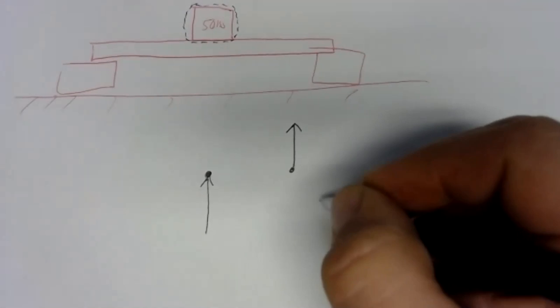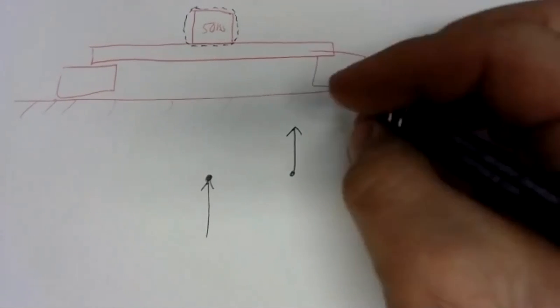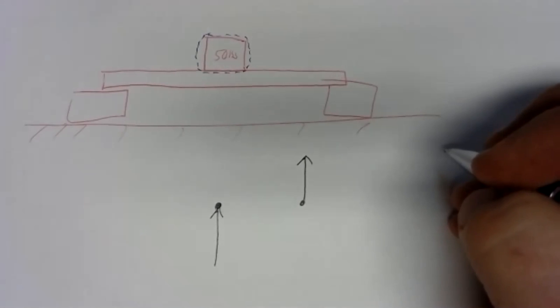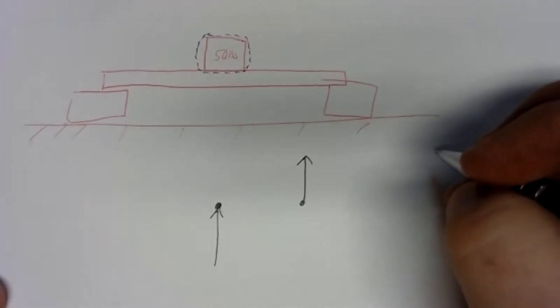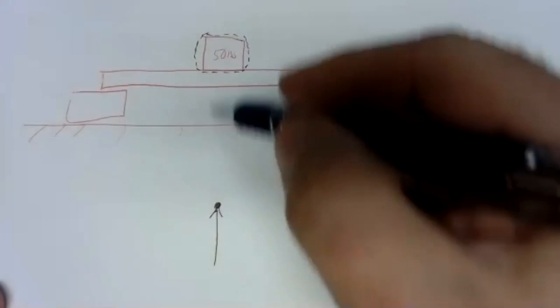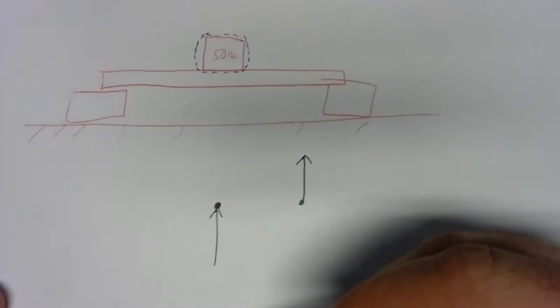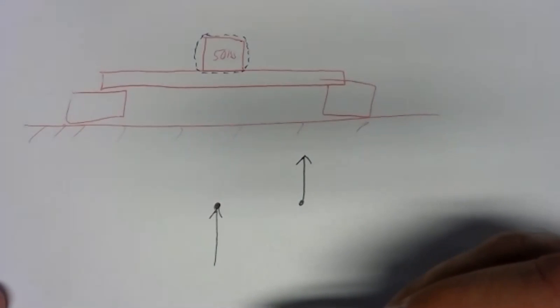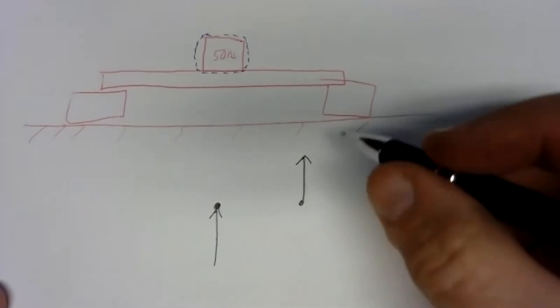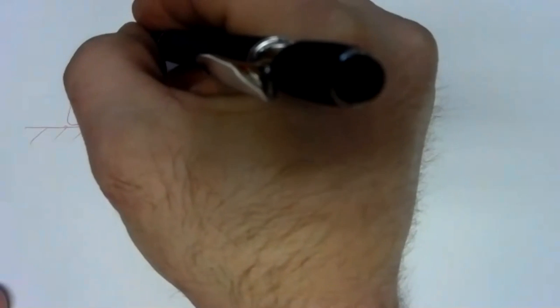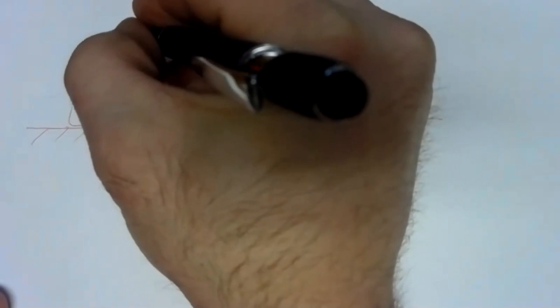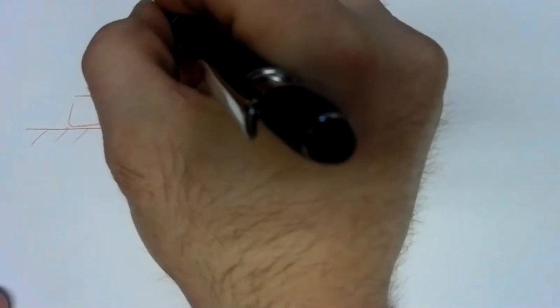Now, something I should say before we go further to draw the free body diagram is we do have to define a coordinate system. We have to know what direction is horizontal, what direction is vertical, what's X and what's Y. And rather than drawing the whole big coordinate system that we drew last time when we were working with vectors, all we really need is a reminder of what direction is positive X and what direction is positive Y. A lot of times we just do that by going over here someplace and drawing something that looks like this.